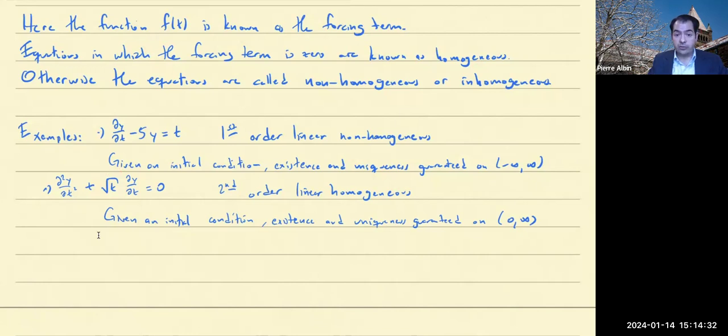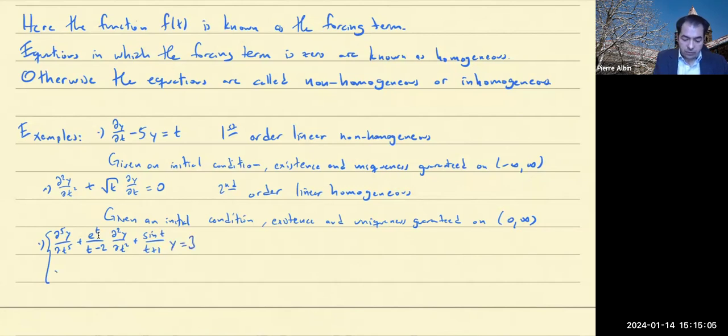Suppose for another example that we had the initial value problem: the fifth derivative of y with respect to t plus e to the t divided by t minus 2 times the second derivative of y with respect to t plus sine of t divided by t plus 1 times y is equal to 3.